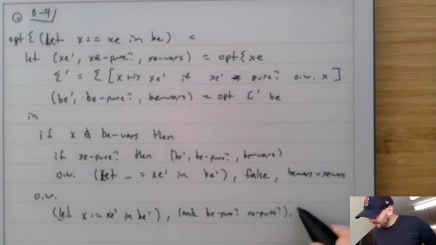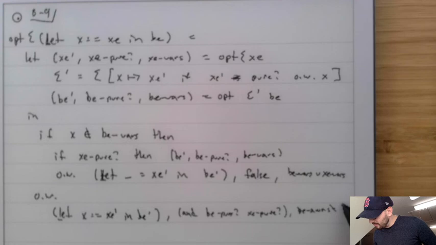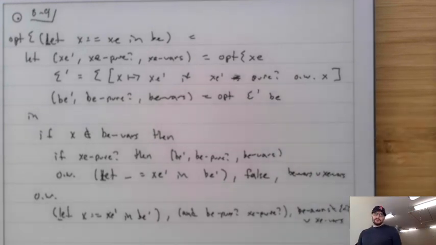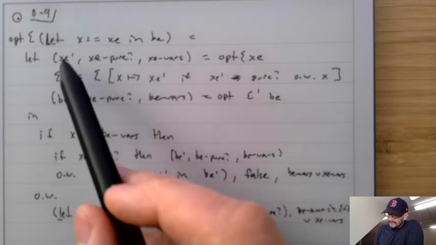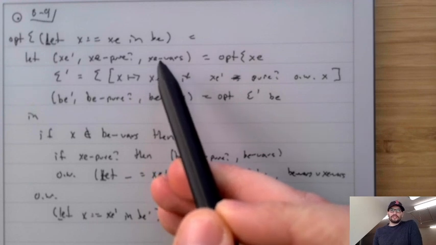And then the variables would be the be variables subtracted, where we remove x, and then we union the xe variables. And so this right here would be an example of a way to think about increasing the amount of information that the optimizer gives. It would tell us the expression, whether it's pure, and what variables it mentions.